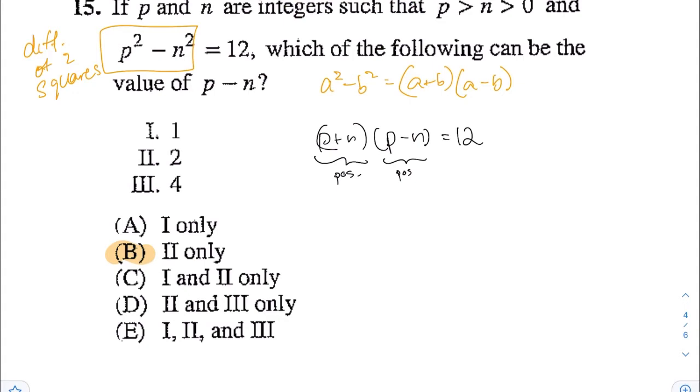So if you list out the factors of 12, you have 1 and 12, 2 and 6, and 3 and 4. So you want to try each one, specifically just 1, 2, and 4. So let's try Roman numeral number 1. If p minus n is equal to 1, p plus n has to be equal to 12.